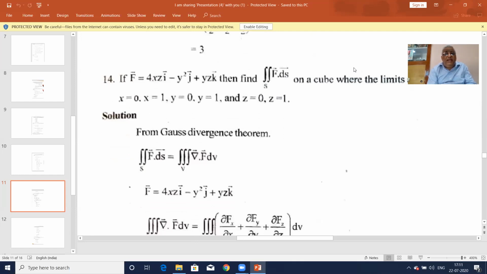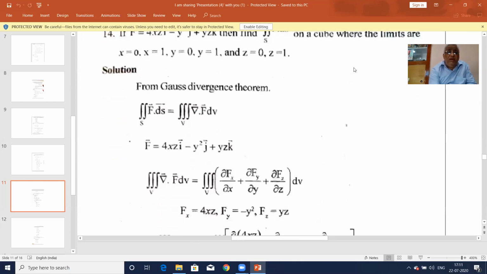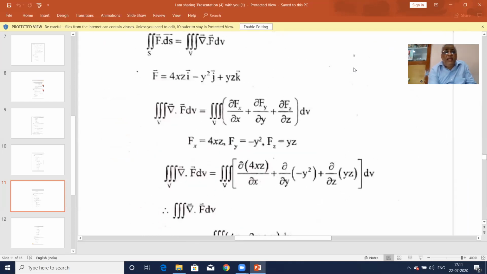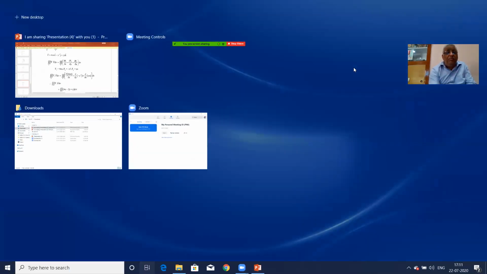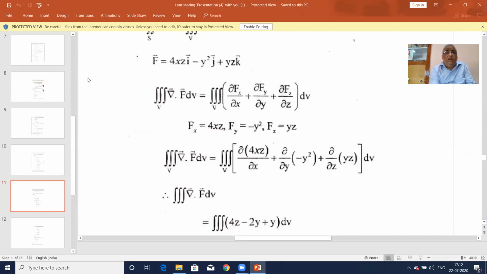But we are taking the right hand side, divergence of F, finding out the divergence. We find out the divergence for div F dV for the above function. Then we get the answer under the triple integral: divergence of F dV, which is dou Fx by dou x plus dou Fy by dou y plus dou Fz by dou z, dV.